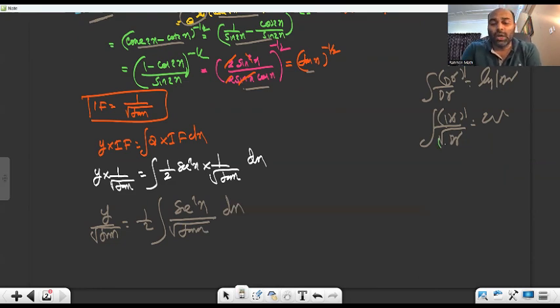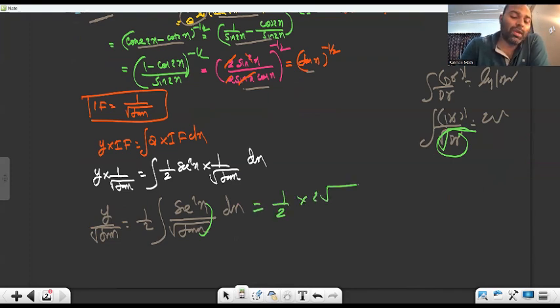Now you see, derivative of root tan x is sec square x. The denominator's derivative is there in the numerator, so we call it 2 root denominator. This technique I told you, many examples we did. 2 and 2 cancelled. So what is your answer? y by root tan x equals root tan x plus c.